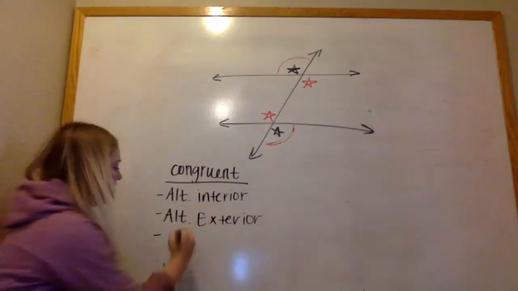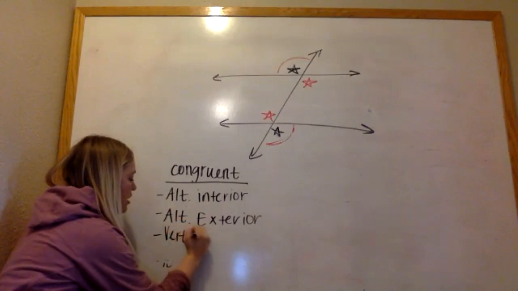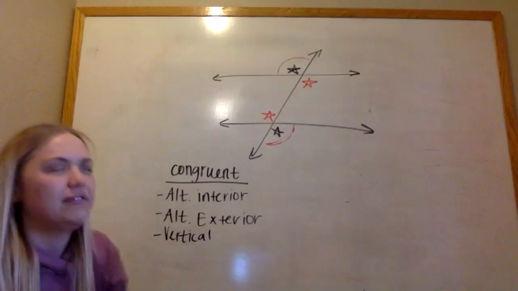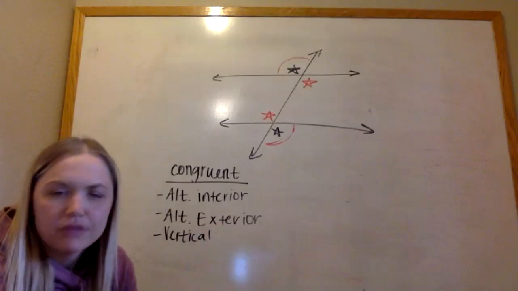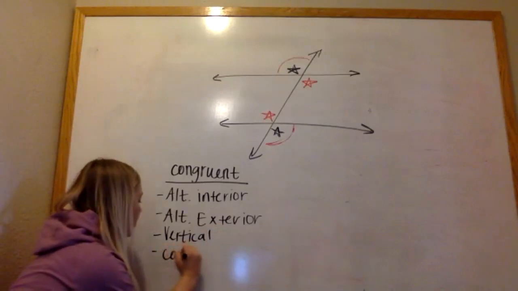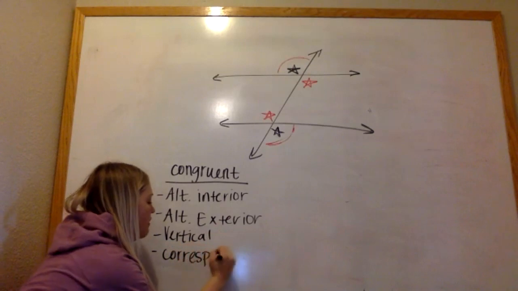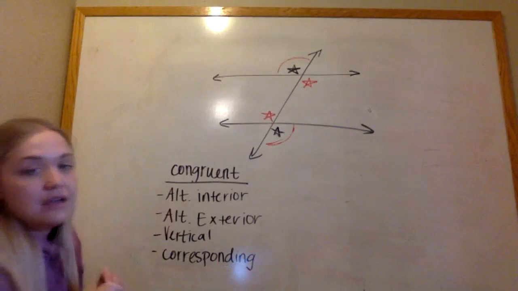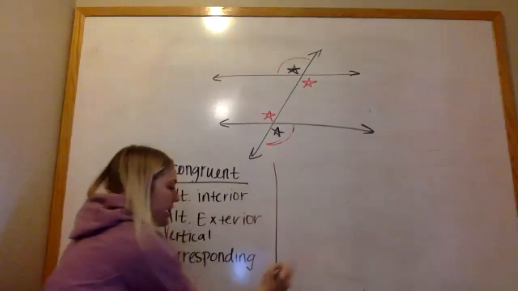The other ones that are going to be congruent are vertical angles, and I feel like I'm forgetting one. Corresponding. Okay, those are going to be all of our congruent angles.